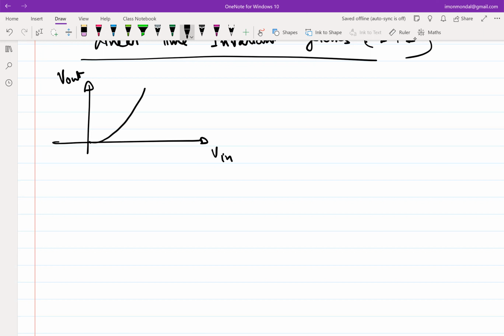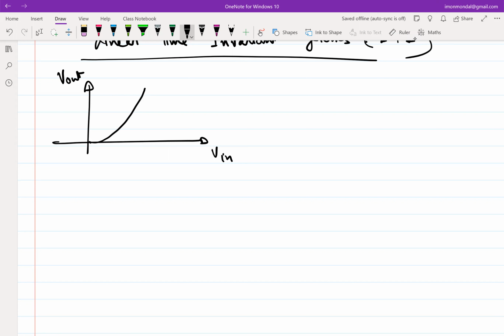Is it a linear system or a nonlinear system? Nonlinear, right? Again, why do you say so? V out dependency on V in is not linear. When you say nonlinear, what do you mean? Slope is not constant. It's not a straight line.